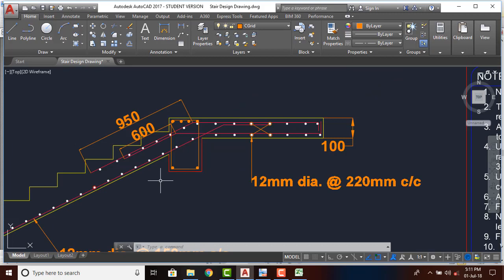And the reinforcement in the perpendicular direction of this main reinforcement is given as the minimum area of steel which you have to provide, that is 12 mm dia at 220 mm center to center, which if you recall we calculated from the Excel sheet for minimum area of steel, and the thickness of the slab we have provided as 100 mm.